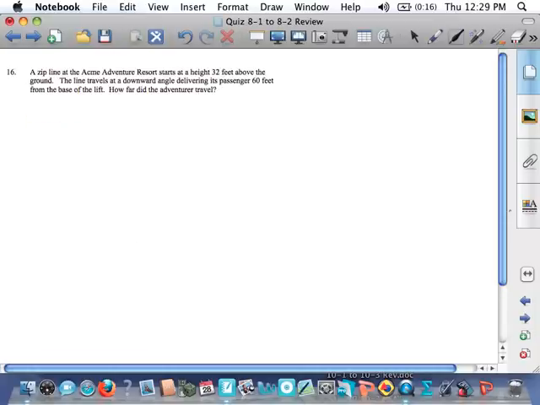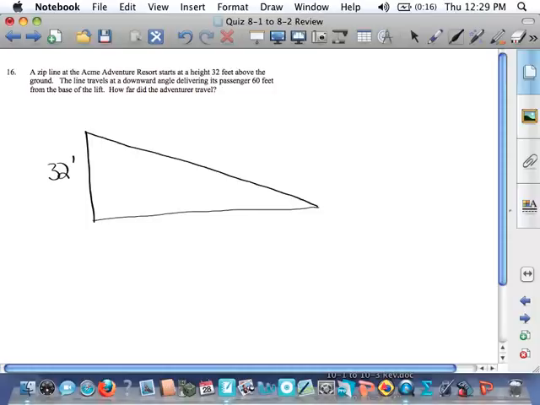Number 16, a word problem. A zip line at the Acme Adventure Resort starts at a height of 32 feet. The line travels at a downward angle, delivering its passenger 60 feet from the base. So this is 60 feet.